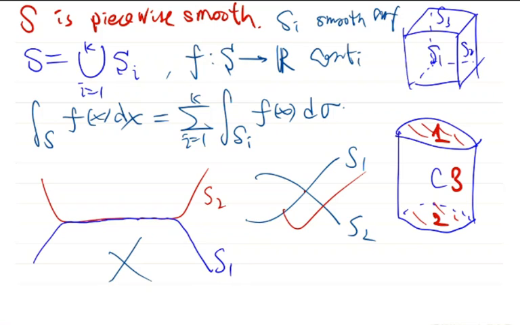Such an intersection is not okay because they overlap considerably. But in the case on the figure on the right, they only intersect at a point or in a line. That is okay. That does not affect the integral. So for a piecewise smooth surface, we need to have some restriction on the relative position of all these surfaces.